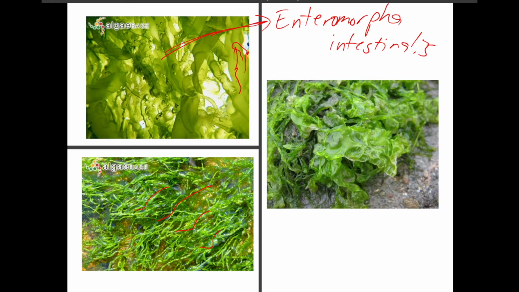This one right here is filamentous in form. The other one is Parenchymatous in form, but they look kind of the same, right? So better watch out for your Enteromorpha intestinalis in the field. A synonymous form of your Enteromorpha intestinalis is also your Ulva lactuca.